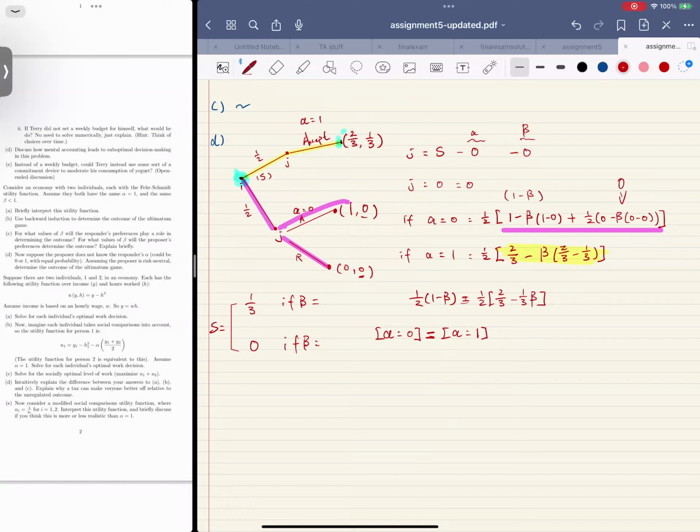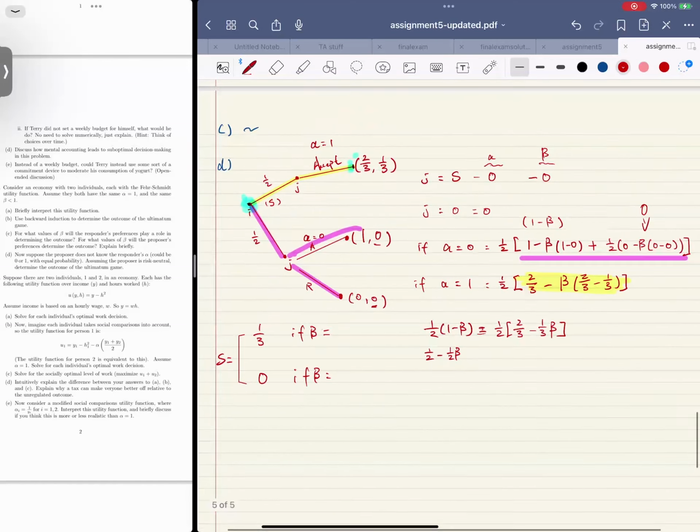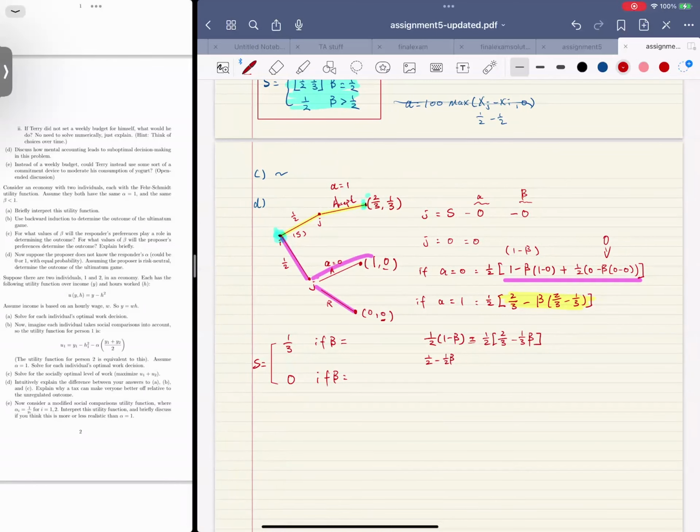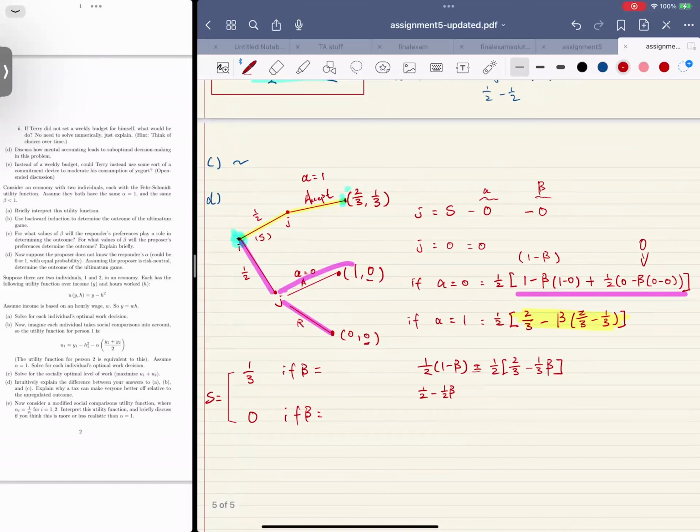Still, again, I felt like I'm talking a lot with just formulas and functions. Any questions? Do you guys try this by yourself yet? Could you repeat the function that you put for A equals 0?